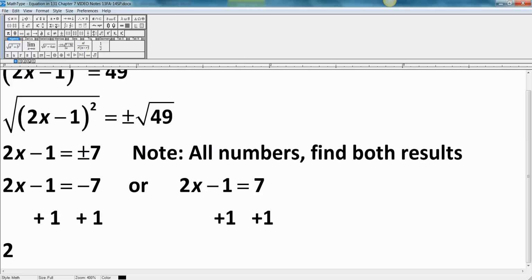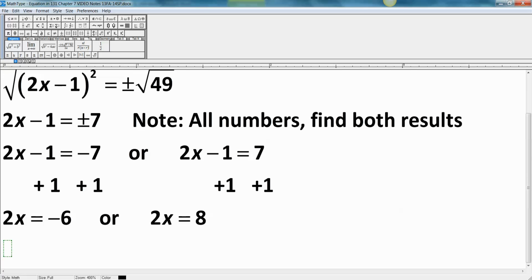That leaves me with 2x equals negative 6, because negative 7 plus 1 is negative 6, or 2x equals 8. Then you divide both sides by 2, right? Divide by 2, divide by 2. x equals negative 3, or x equals 4. And there are both your results.